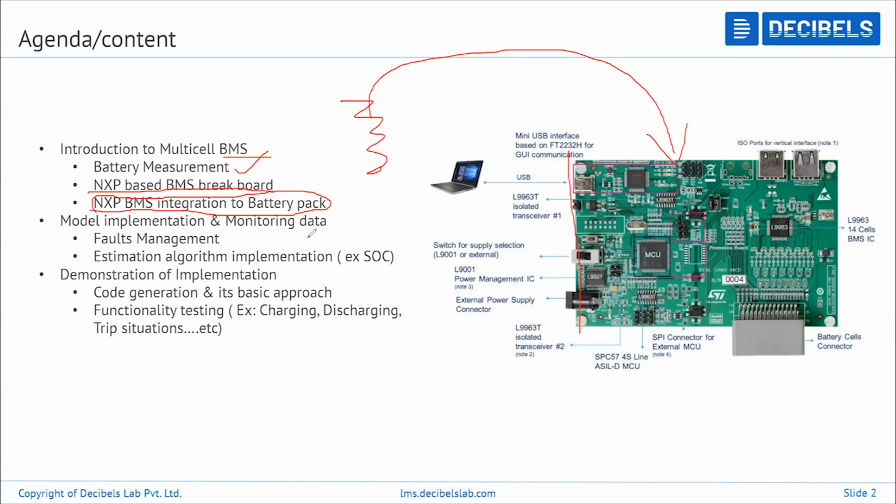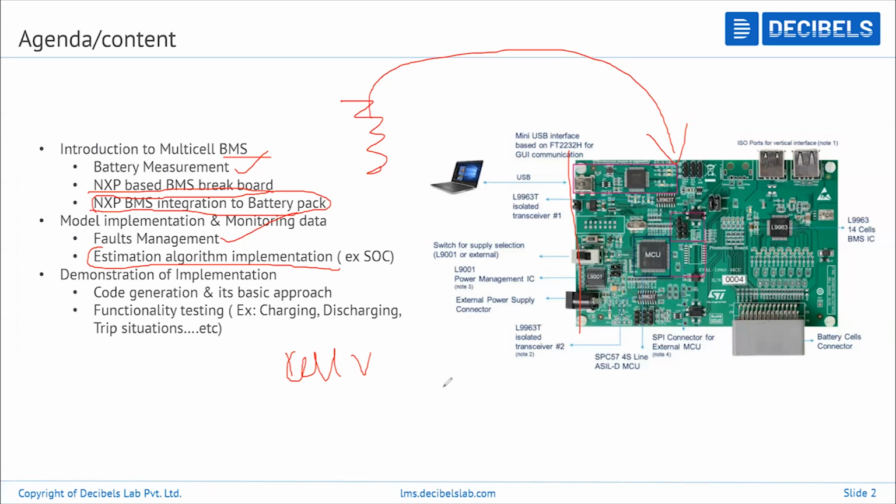Some demonstration points are faults management, we can see the estimations, algorithm implementation, and even the monitoring of the data, such as all the cell voltages. For example, in my case, here in the setup, I have a battery pack of 14 cells in series and 3 cells in parallel.